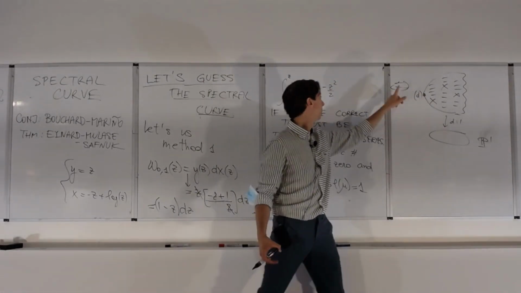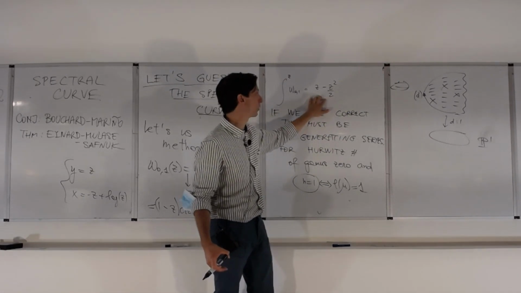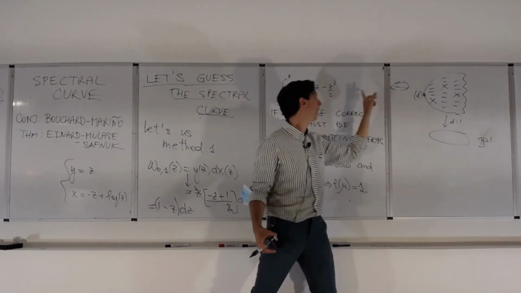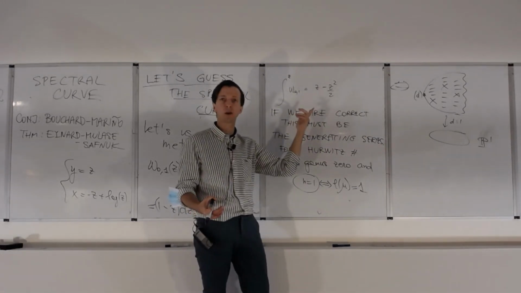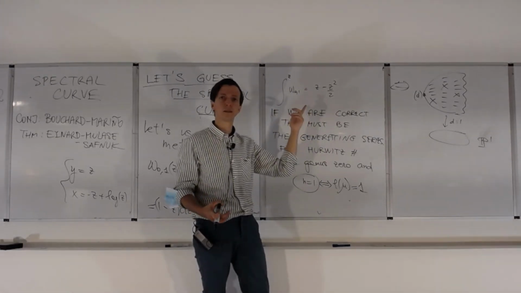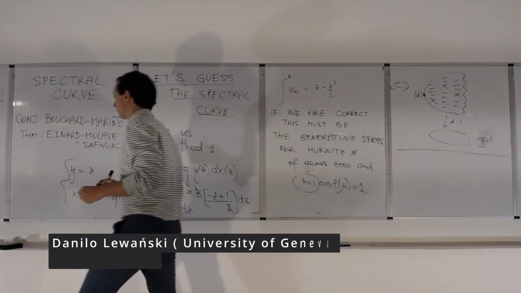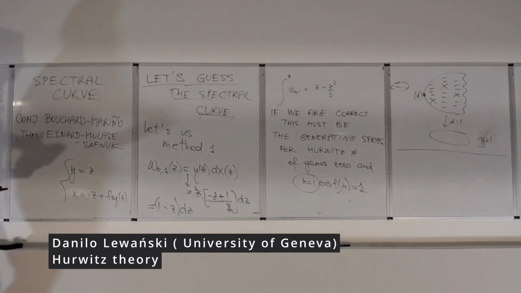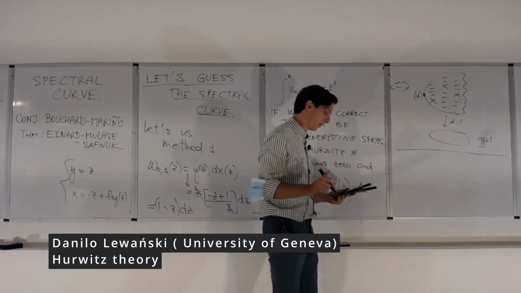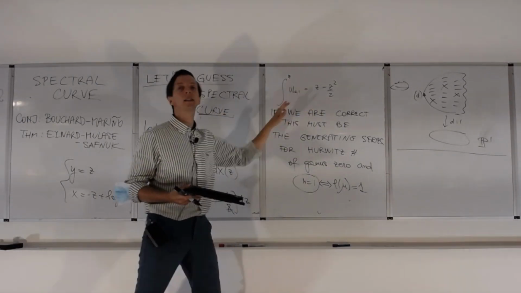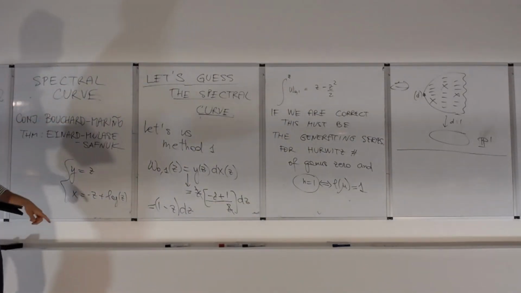How would this be the generating series for all these numbers? Infinitely many numbers should be packed inside z minus z squared over 2. That's weird, but we should try nevertheless, because in fact what makes it true is that z is a particular function of x.